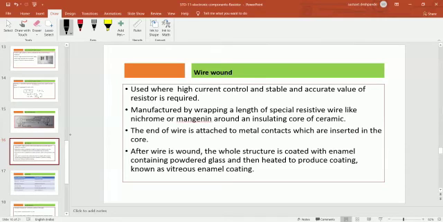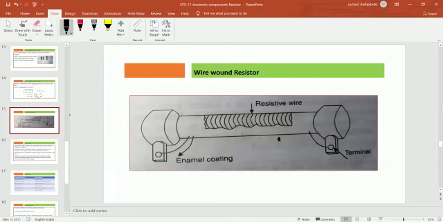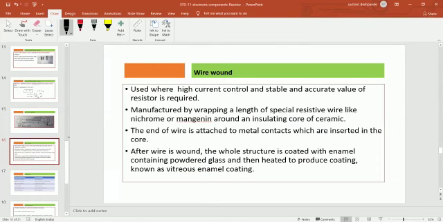The ends of the wire are attached to metal contacts inserted in the core. After the wire is wound, the whole structure is coated with enamel coating powdered glass and then heated to produce a coating known as vitreous enamel coating.